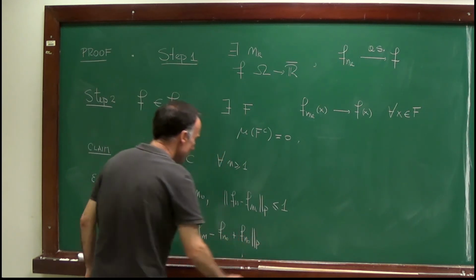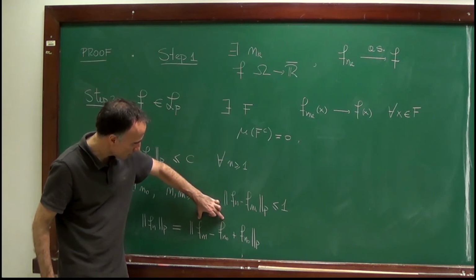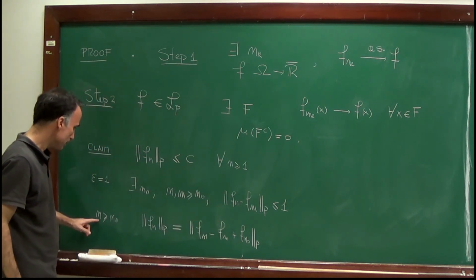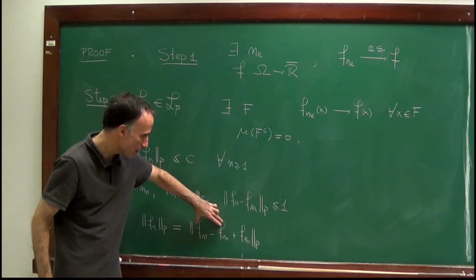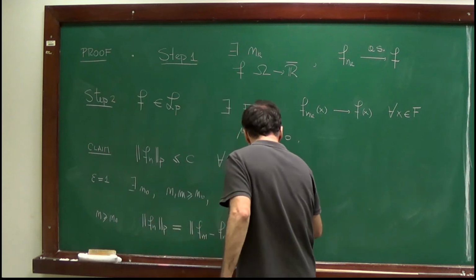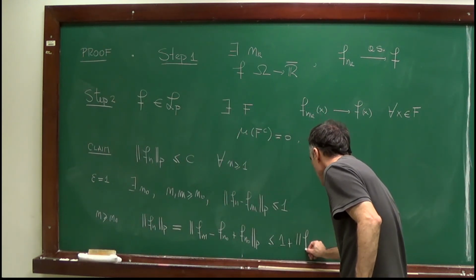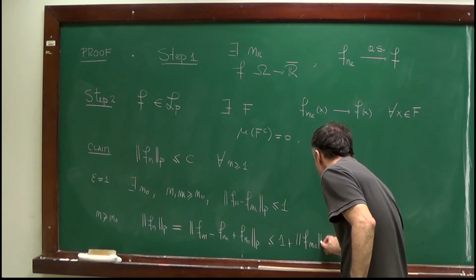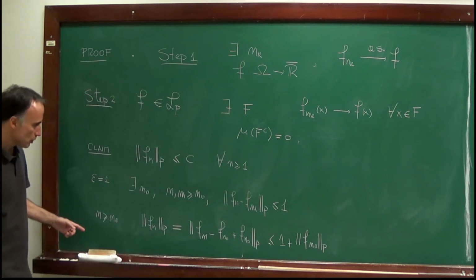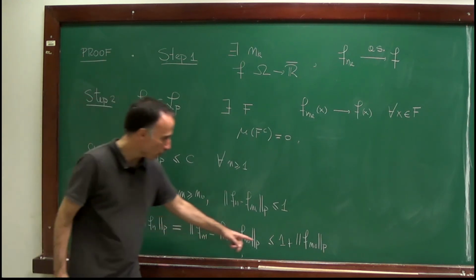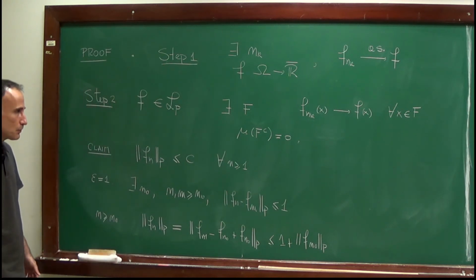Then use the triangle inequality, and on the one hand I will have this difference, but since n and n0 are larger than n0, this first difference is bounded by 1, so this is bounded by 1 plus the norm of fn0. So here we obtained a uniform bound for fn for all n larger than n0.